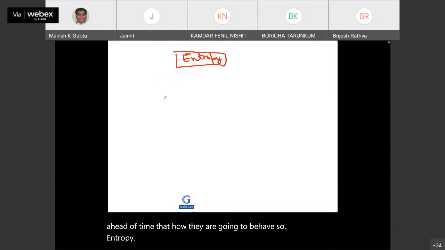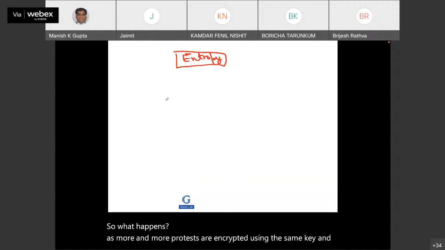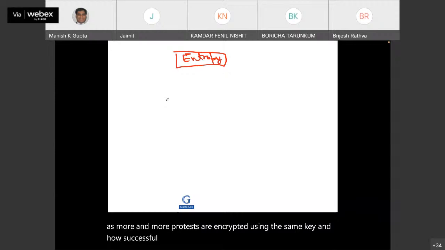What happens as more and more plaintexts are encrypted using the same key, and how can a successful ciphertext-only attack be carried out? These questions can be answered in the form of entropy. So what is entropy?